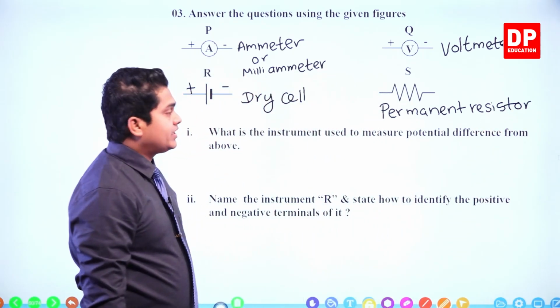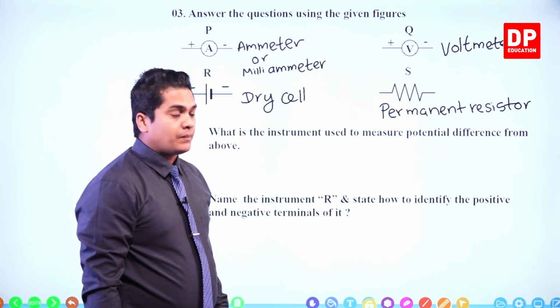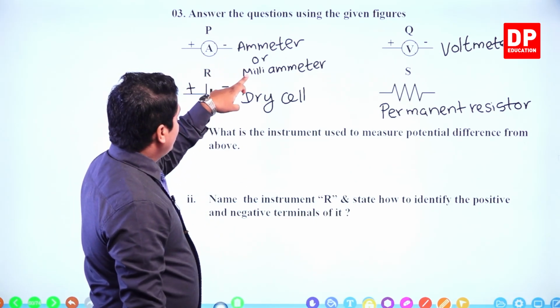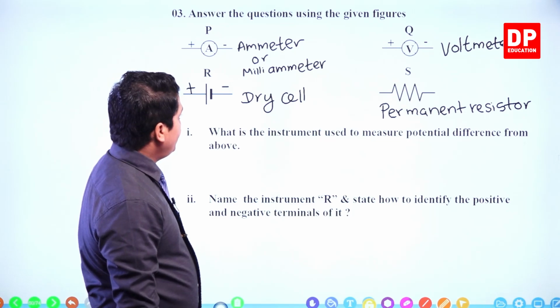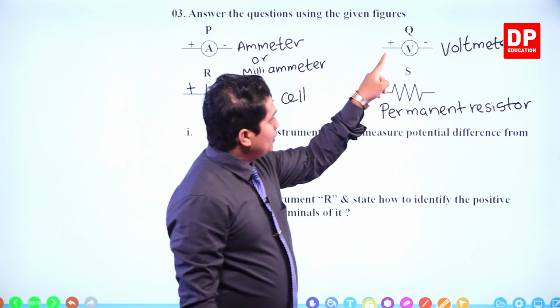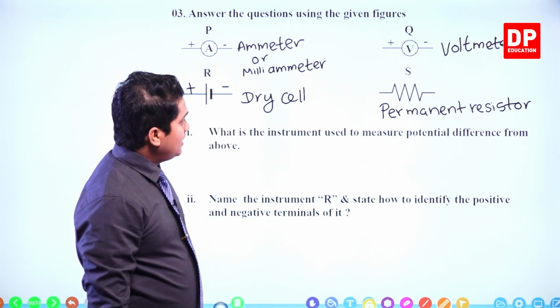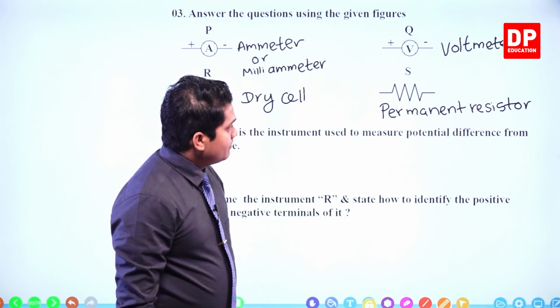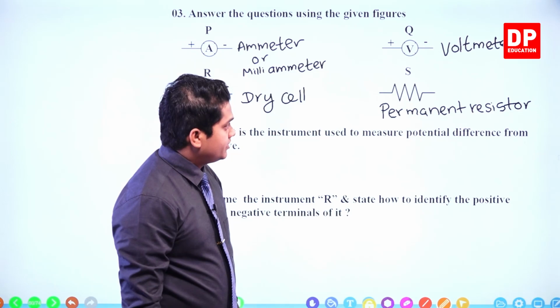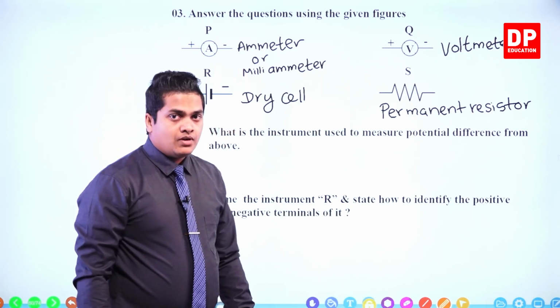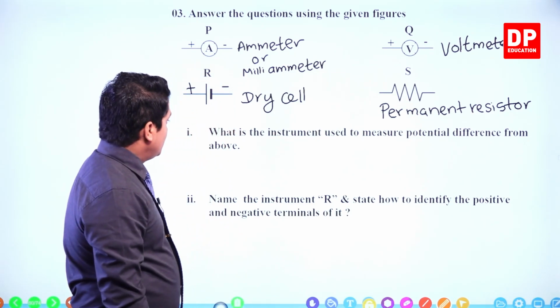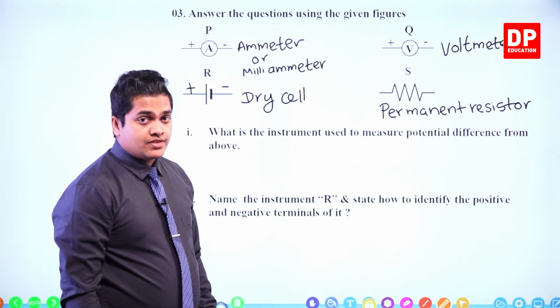So these are the P, Q, R and S instruments. See, ammeter or milliammeter, P; Q, voltmeter; R, the dry cell; then S, permanent resistor. Right, now let's see what the questions are.